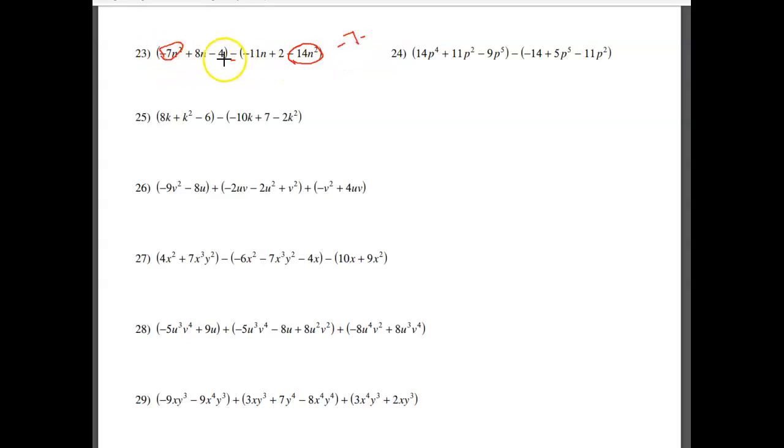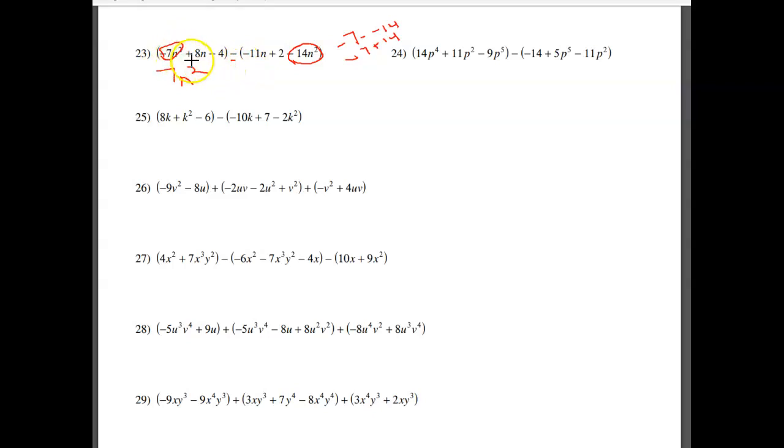So that's negative 7 minus a negative 14, which remember is negative 7 plus 14, which gives me 7. And that's going to have an n squared on it, because again, remember, you do not change the exponents when you're combining like terms.